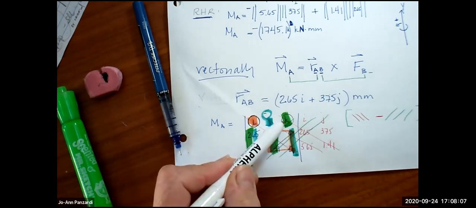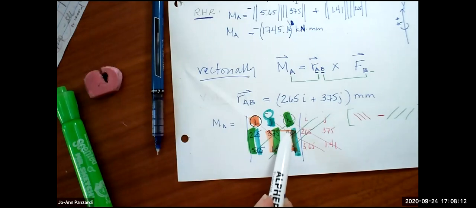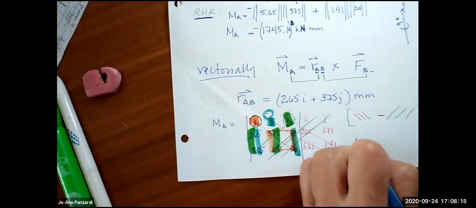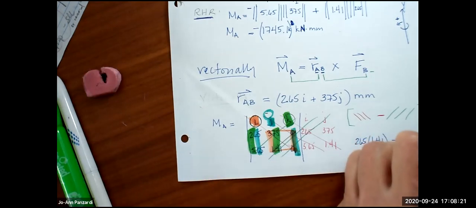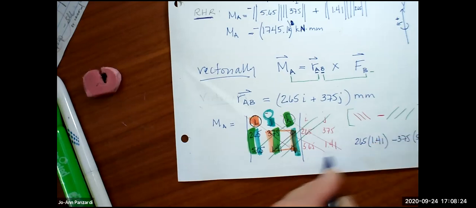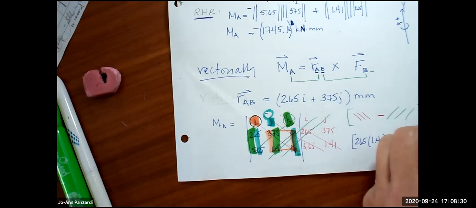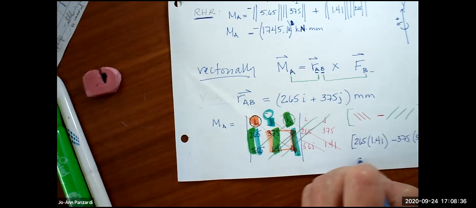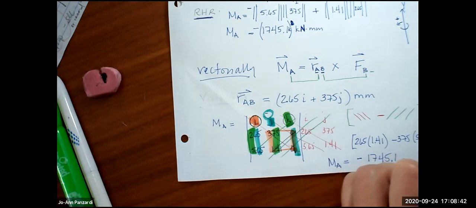The only thing is the K, which is correct because the force is in the 2D plane, so the moment has to be in the K. So it turns out to be 265 times 1.41 minus 375 times 5.65, and it's all in K, and it is kilonewton millimeter, and the answer turns out to be negative 171,745.1 K kilonewtons millimeter. Let me just move it up in case you can't see it.